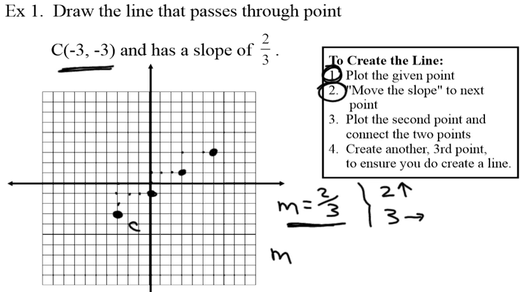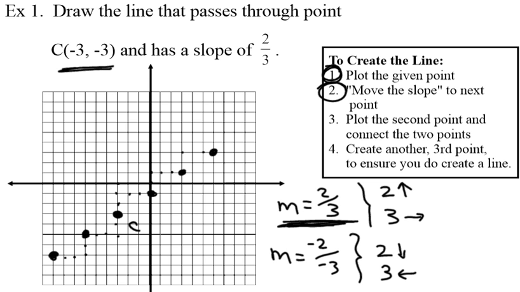But what's another slope that's the same as 2 over 3? Negative 2 over negative 3. What does that tell me? My rise is negative, so it would be 2 down. My run is negative, so it would be 3 left. Well, what happens when I go 2 down and 3 left? Look at that. I'm still in line. 2 down, 3 left.